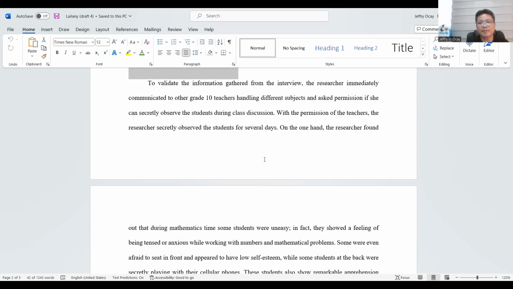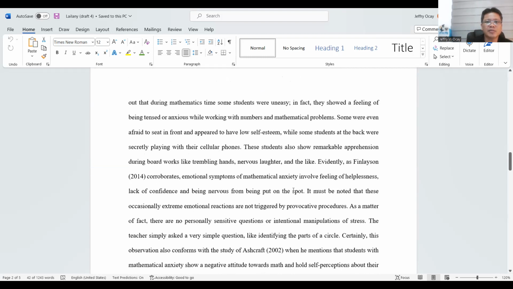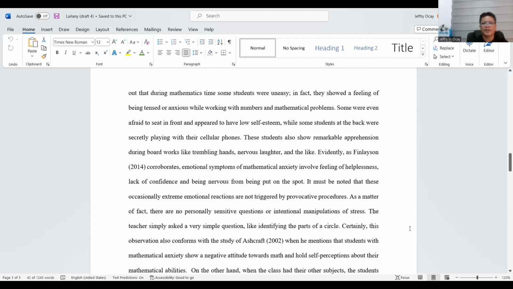On the one hand, the researcher found out that during mathematics time, some students were uneasy. In fact, they showed a feeling of being tensed or anxious while working with numbers and mathematical problems. Some were even afraid to sit in front and appeared to have low self-esteem.